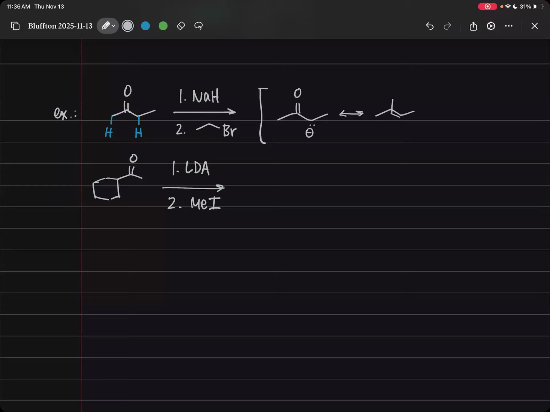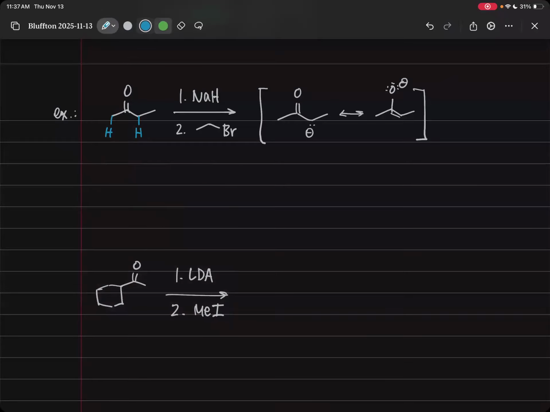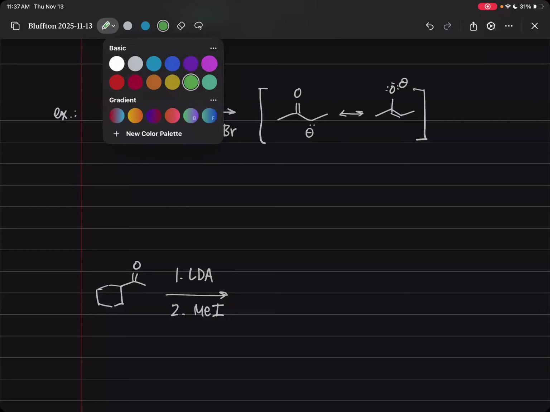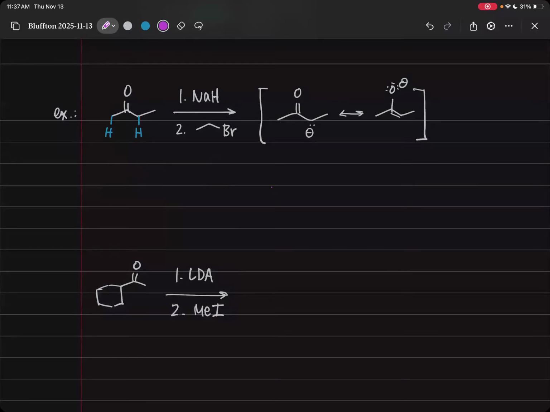which also has that resonance structure. And so that's the more substituted CC double bond, versus if we deprotonated the other spot, that would give us that enolate.